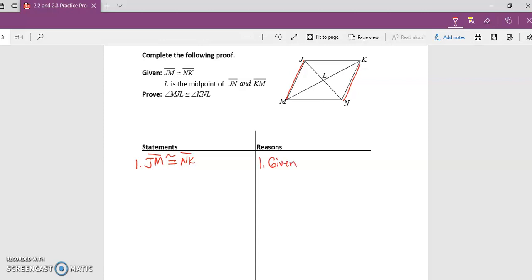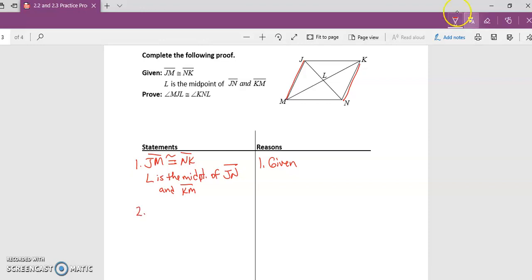We also have L is the midpoint, so point L is the midpoint, I'm going to abbreviate, of segment JN and segment KM. That's really a double statement there, but that's the one we're going to make conclusions from.